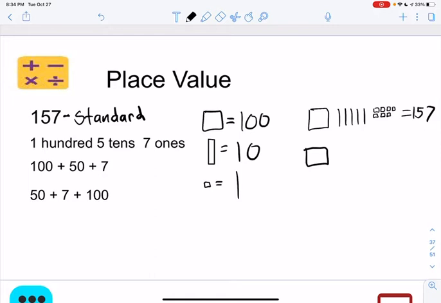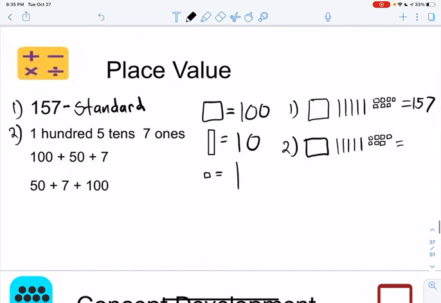We have 100, 5 tens, and 7 ones. 1, 2, 3, 4, 5, 6, 7. Would you look at that? They equal the same exact thing. So we can call this number 1. We can call this number 2.